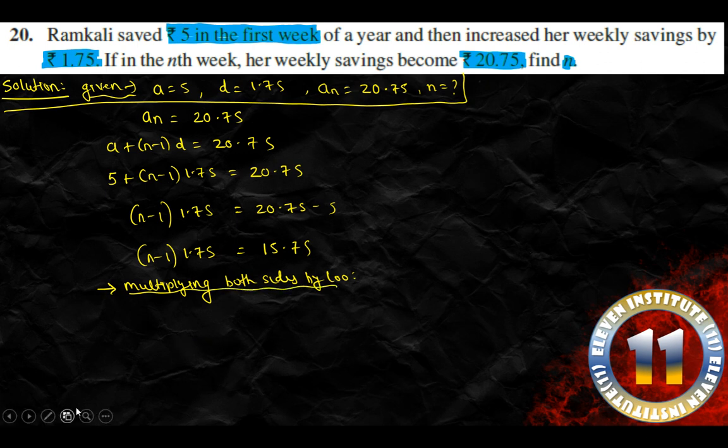Right? So if I multiply by 100 over here, these two decimal places will vanish. So what I get is n minus 1 multiplied by 175, and here what I get is 1575. Now n minus 1 is equal to 1575 divided by 175.